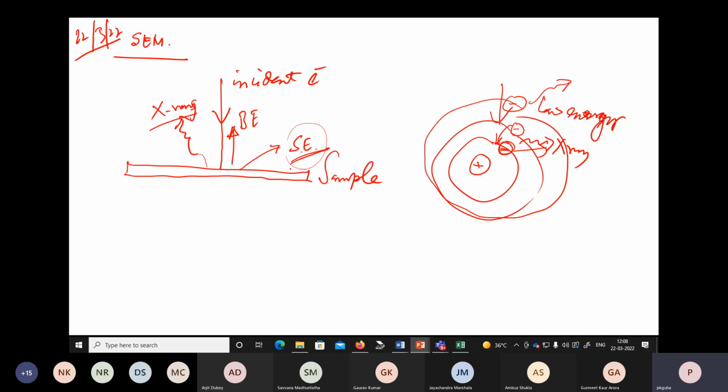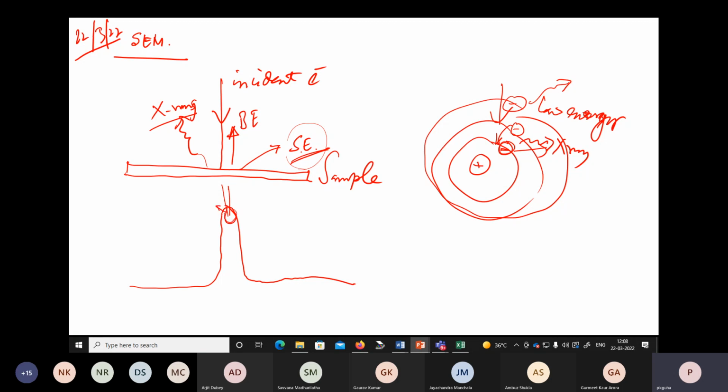Secondary electrons are very, very important to construct the image of the sample. As we mentioned in the last class, if there are flat surfaces and nano protrusions in your sample, then what happens when the incident electrons interact with the sample?